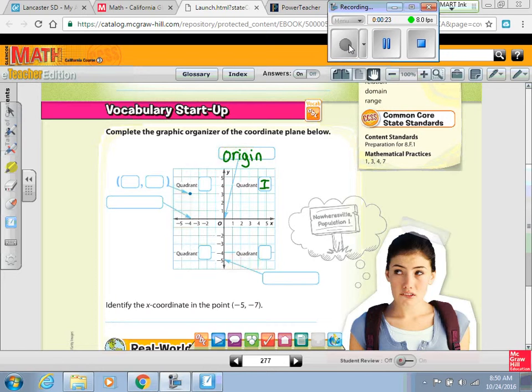The second quadrant is next to it on the left, so it goes counterclockwise. And this is quadrant 4. This is your x-axis. This is your y-axis. And this is a coordinate pair.